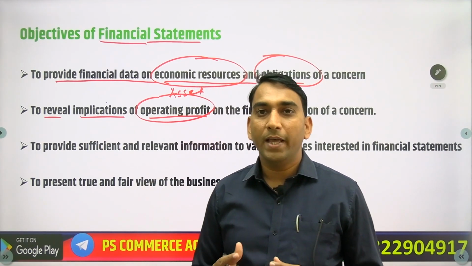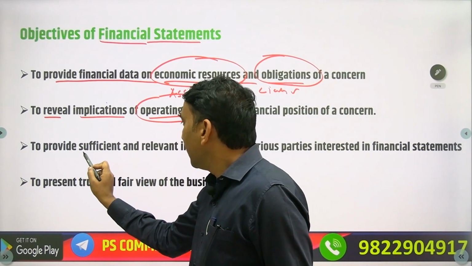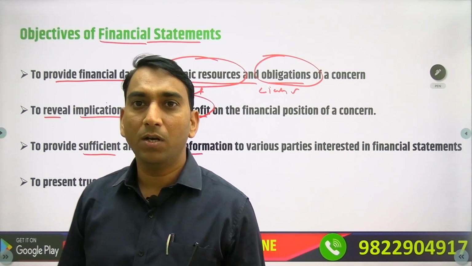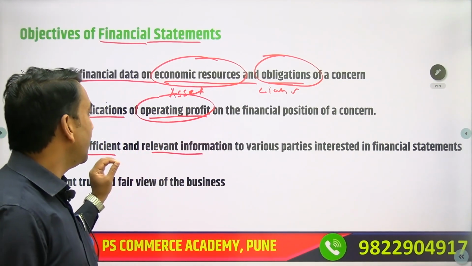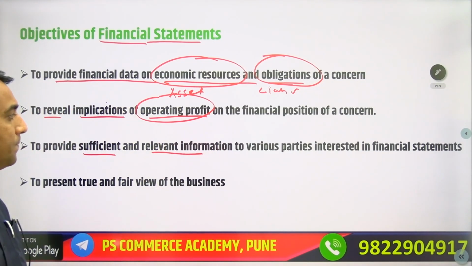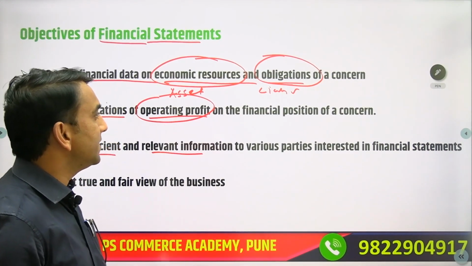So to them we have to provide the financial information. So third objective is what? To provide sufficient and relevant information to the various parties. We are going to see which parties are there. And lastly, to present true and fair view of the business. This is the last objective of the financial statement.